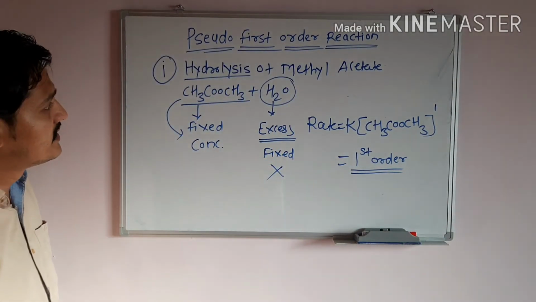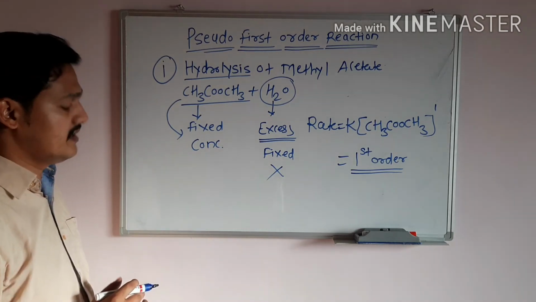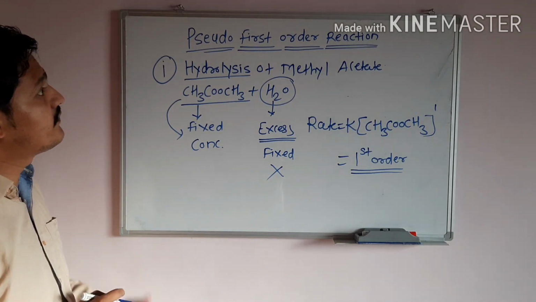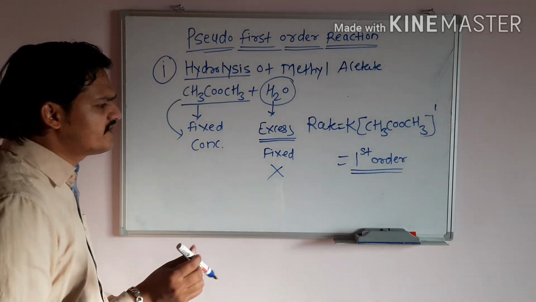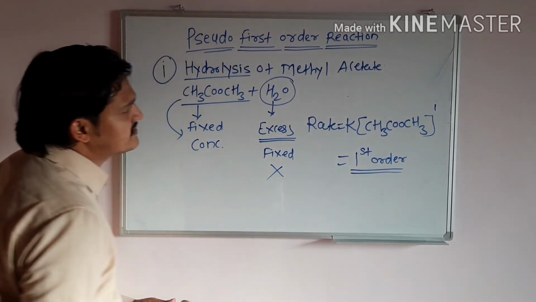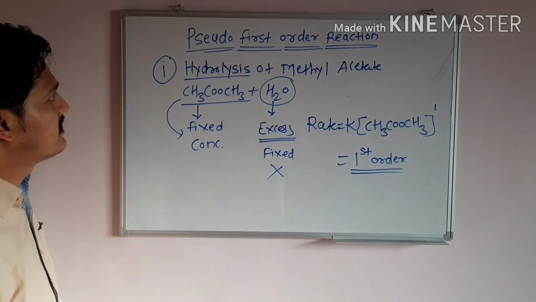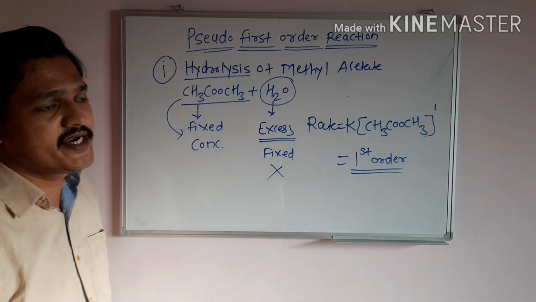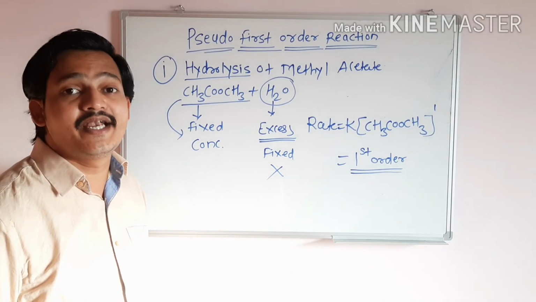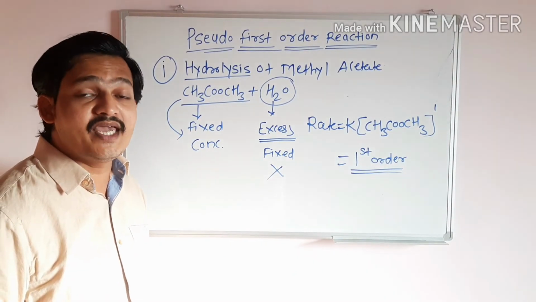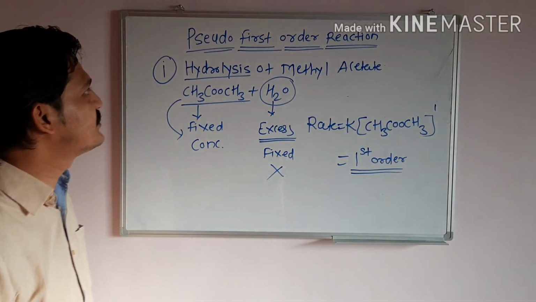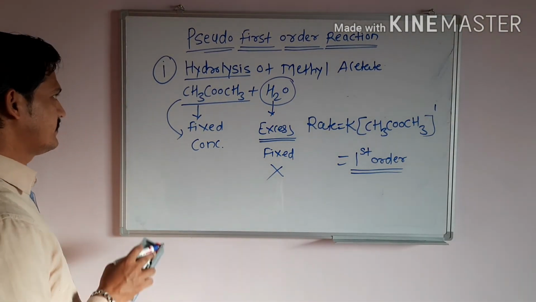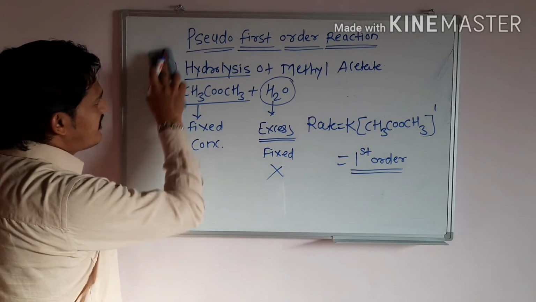Okay, this is the first example of a pseudo first order reaction. It's a very easy point. The definition of a pseudo first order reaction is a reaction which is expected to have higher order kinetics but behaves as first order kinetics. Okay, this is the first example.